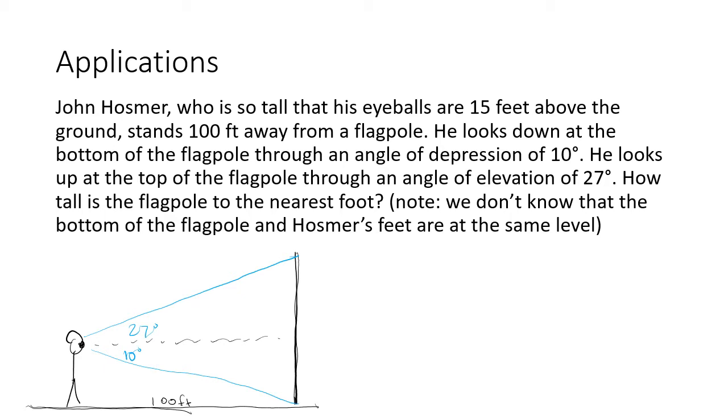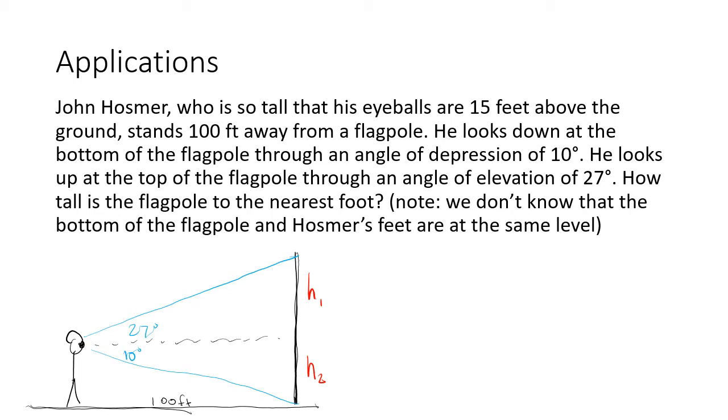It says here that we don't know that the bottom of the flagpole and Hosmer's feet are at the same level. Just assume that they are for this problem. First of all, we're going to need to break this down into two heights. Let's call this height sub 2, and this will be height sub 1. We have enough information to find each of them independently.